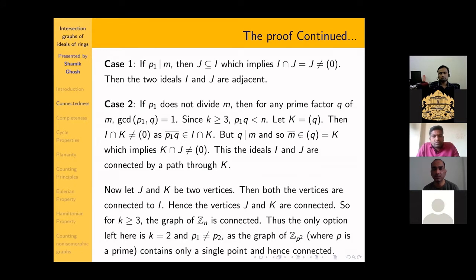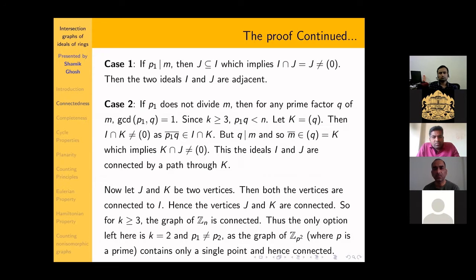And so we get that every other ideal, other than I, is connected to I. So if we consider any 2 ideals, or any 2 vertices, both of them are connected to I. And so the whole graph is connected because any 2 vertices are connected. In this way, any graph where the number of primes in the factorization of n is greater than or equal to 3 is connected.